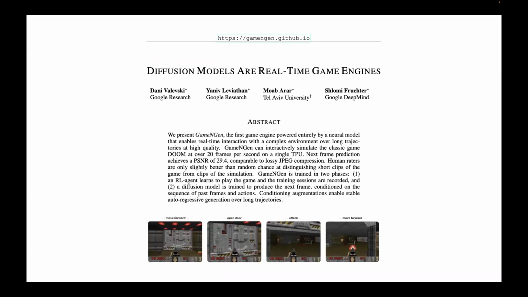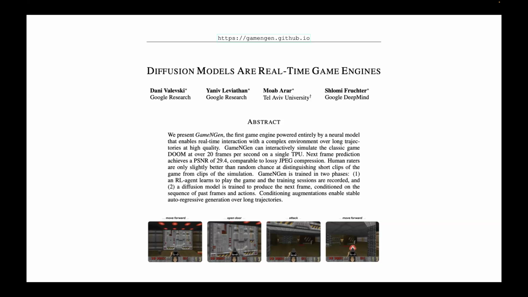Also in the same vein as this is an announcement from Google. They cooked up something that they have dubbed Game Engine, as you can see in the abstract here. And Google has their own custom AI chips. They call them TPUs. They're not the same as GPUs. Google's the only one that has them. They make them.